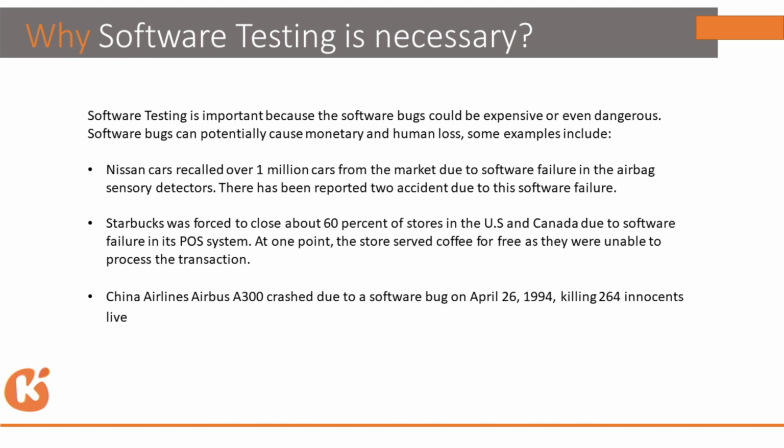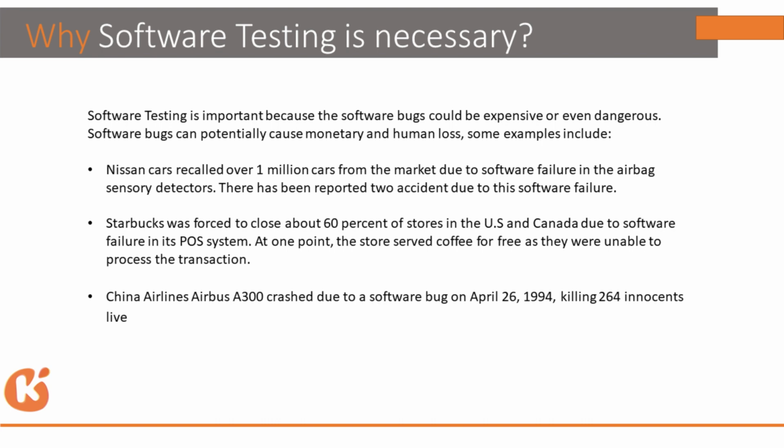But the payment gateway itself is not working, so a user cannot make an order. If the user is not able to make an order, then definitely Amazon is going under severe loss in terms of money, in terms of finances. So in this example, we saw how a bug can lead to financial losses.